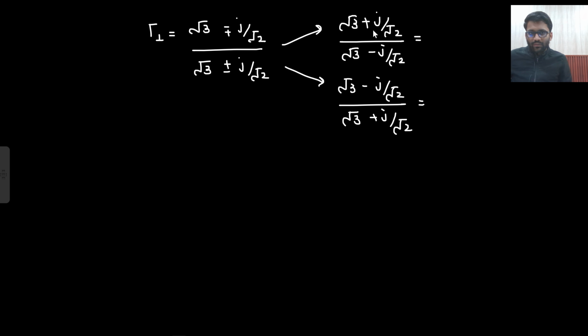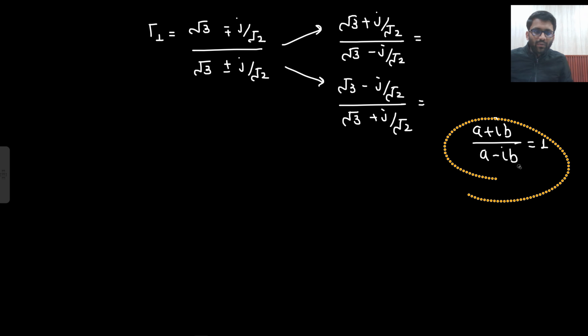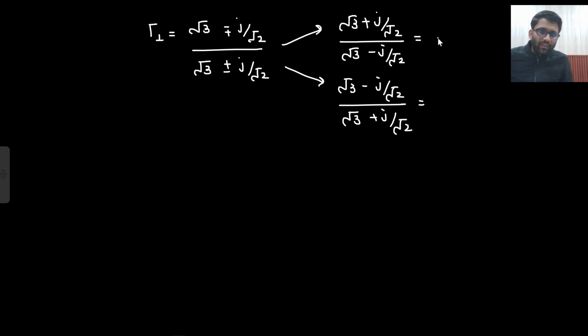So if you solve this one, what are you getting? One thing you already know, that magnitude will be 1 only. This is simply a plus j beta divided by a minus j beta. So what will be the magnitude? Magnitude will be 1. There will be some angle, which I have already calculated. You can also calculate. So here magnitude will be 1 and the angle will be 44.41. Here the angle will be positive. This you can directly see, because this will be in the first quadrant and this will be in the fourth quadrant.